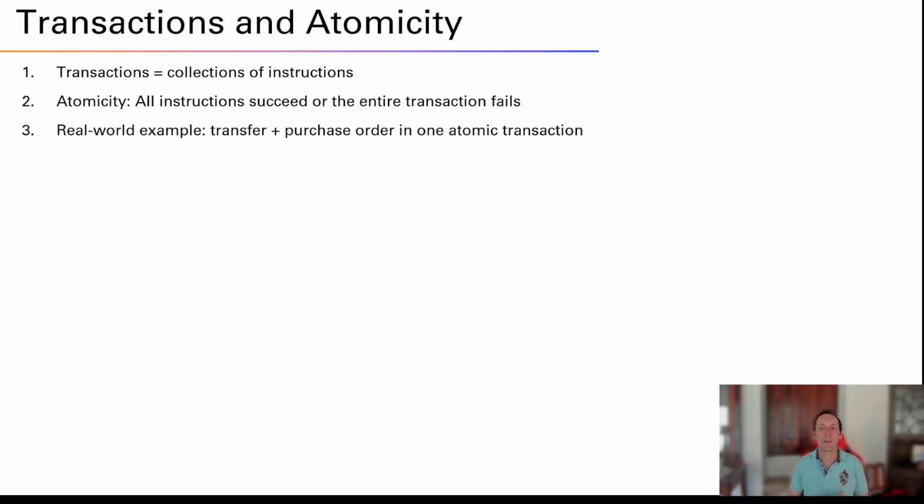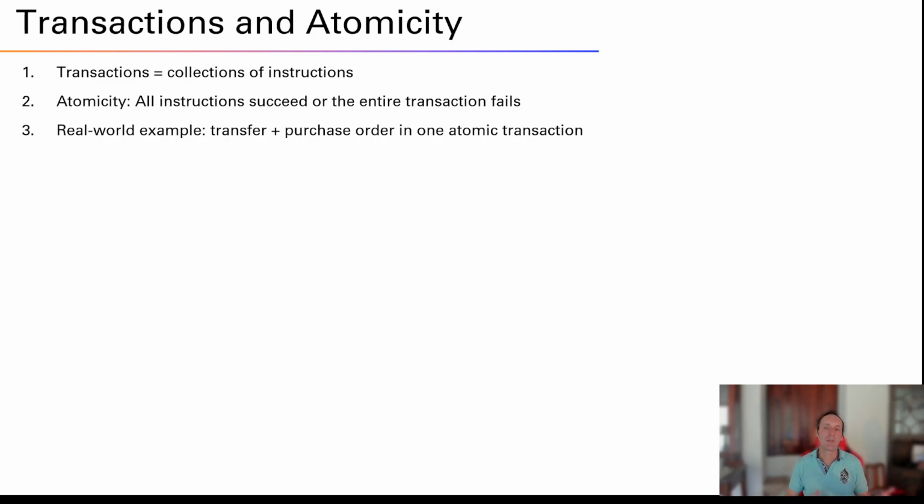A transaction is comprised of one or more instructions, where you send this collection and they're executed in a certain order if they affect the same account. If not, they can be executed in parallel.